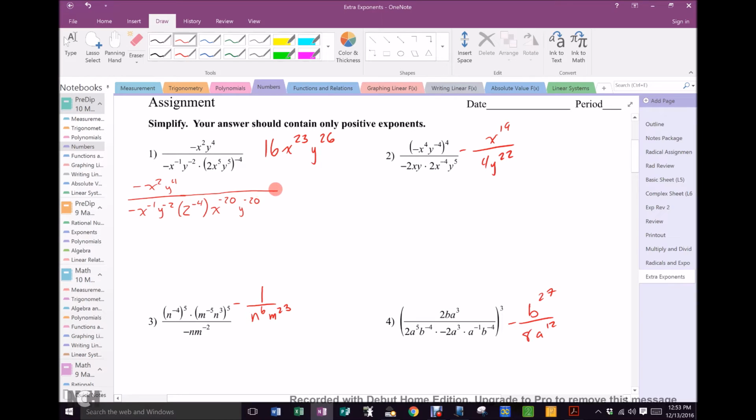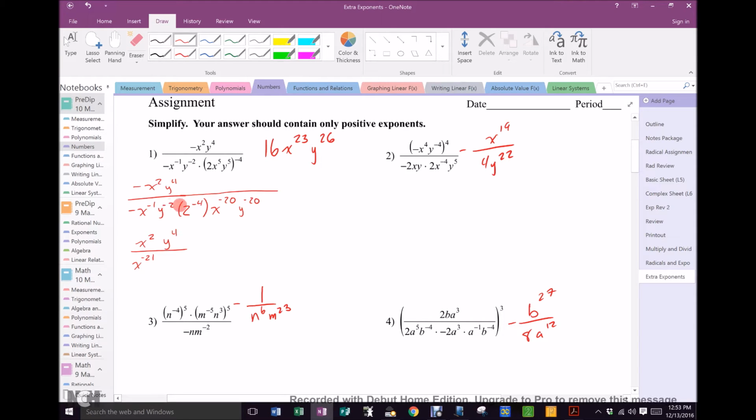Then I start simplifying. Negative x to the negative 1, x to the negative 20 becomes x to the negative 21. So I have x squared up top, y to the 4th up top, over x to the negative 21.